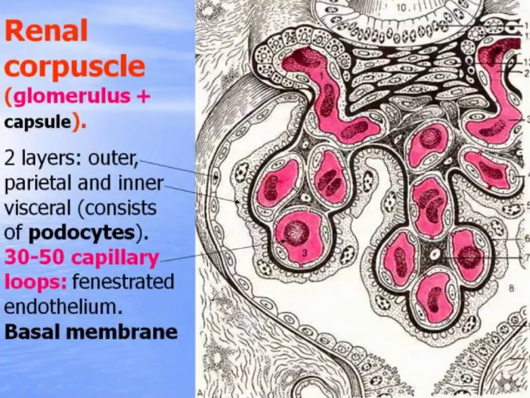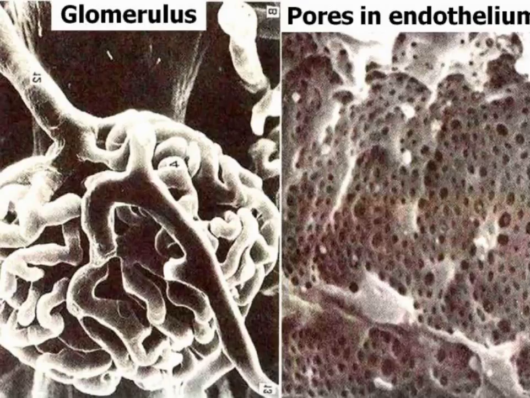And this is a barrier, the filtration barrier between blood and the lumen of the capsule, the urinary space. Here is the glomerulus under scanning electron microscopy, with afferent and efferent arterioles and capillary loops, and this is the surface of endothelial cells, where you can see numerous pores, fenestrae of endothelial cells.